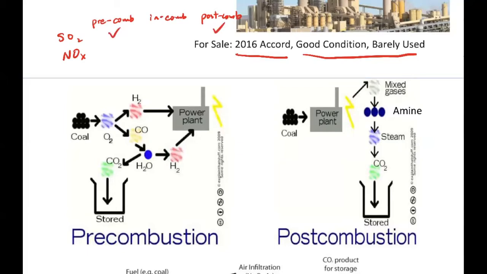For NOx, you have in-combustion, the combustion modification where you change the temperature, residence time, oxygen, right? For NOx, you also have post-combustion. And then for carbon dioxide, since this is a new technique, people are still trying to figure out which way is the best to solve this problem. So that's why people presented techniques in all of these three categories.